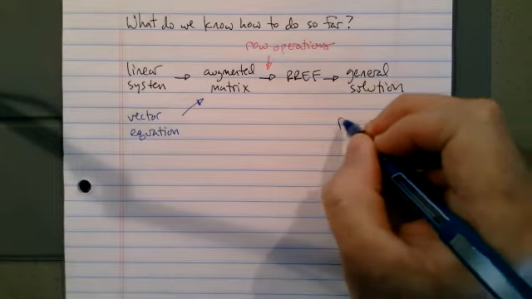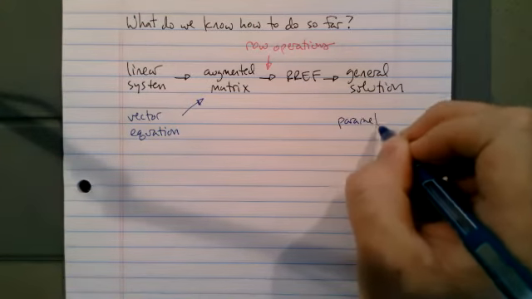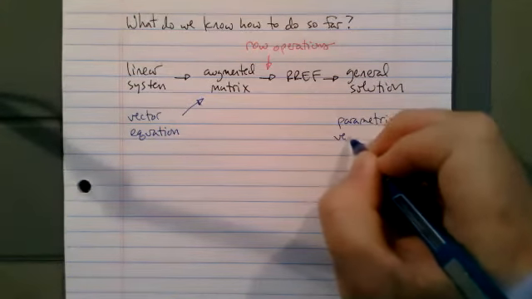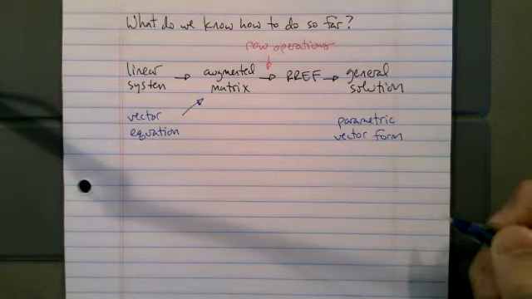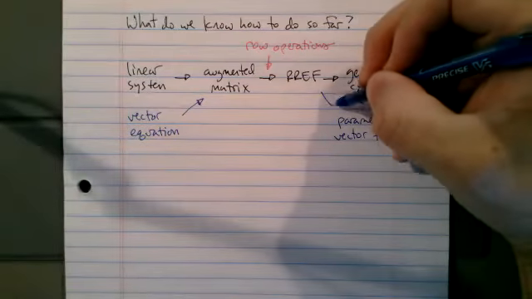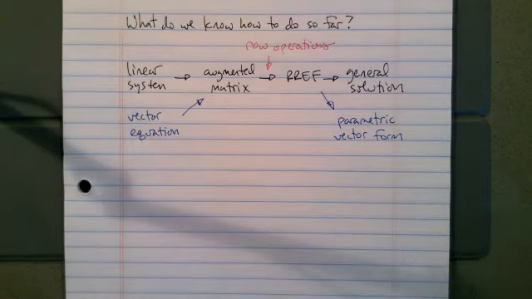So there's the parametric vector form of the solution. The reduced row echelon form will also tell us how to write the parametric vector form of the solution. This was the thing that I didn't go over last week, but there were some DVD bonus material notes that talked about how to go from the general solution to the parametric vector form.